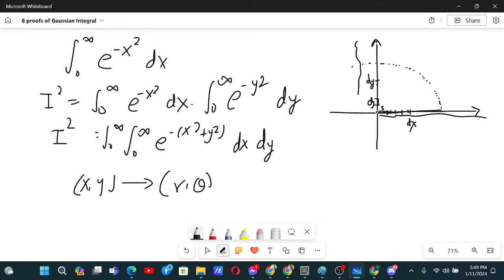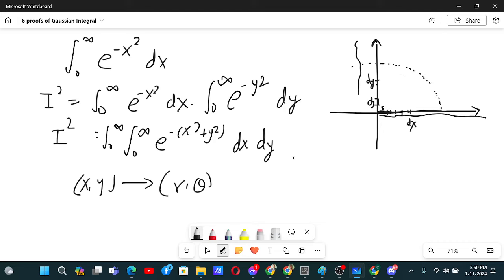So let's say r is this line, and d theta is just a small change in angle. So for dr d theta, let's say this is delta r. Delta r means the change in the r vector, and this is delta theta. So dr d theta is just this area. So this was the introduction of these differential elements.